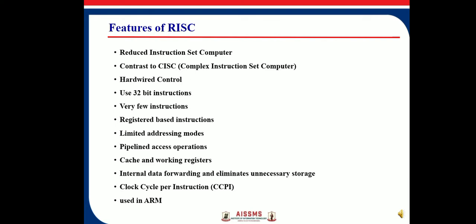Using hardware control, the clock cycles per instruction, which is the CPI, are reduced to 1 for most RISC instructions. This is the advantage of having all instructions of equal size.